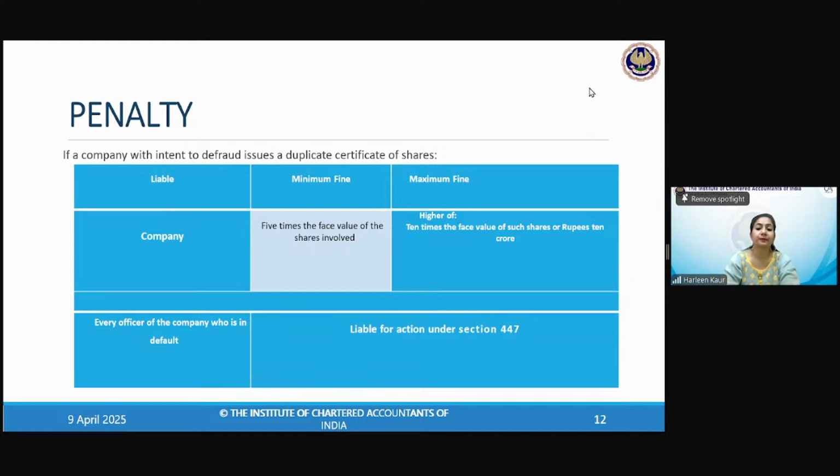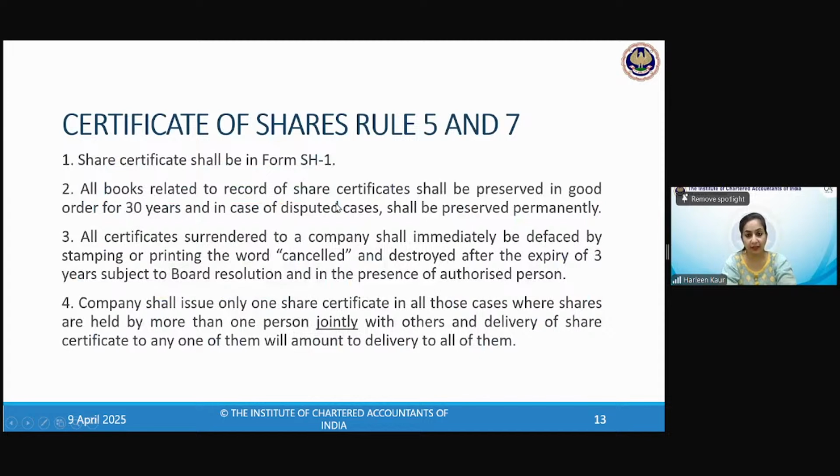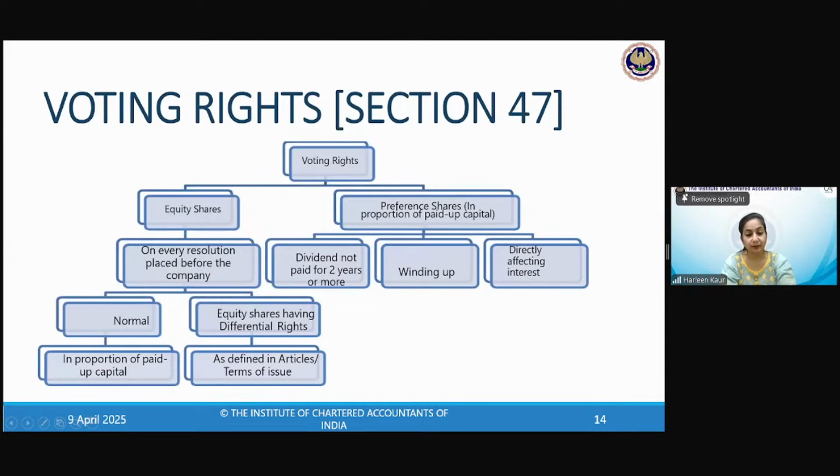All right. An officer in default will also be liable for a fine of 447. After that, we have voting rights. Section 47. Now, few students have raised a query related to study page 4.6.